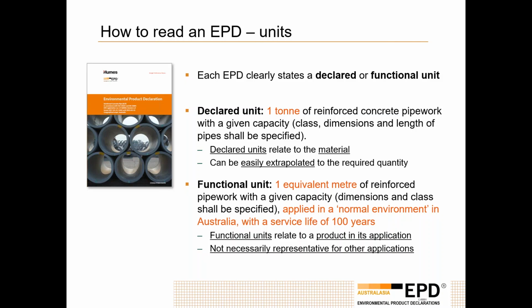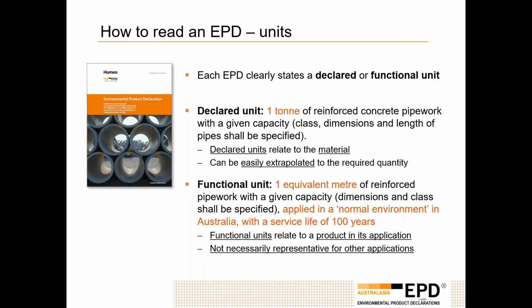As long as the environmental impacts are quite similar per ton, then you can cover a large range of different products. The benefit of that is that it can be easily extrapolated to the required quantity. So if you know that you need 100 meters of pipe with 900 mil diameter and class 3, then you only need a conversion factor to work out how much material is required, how many tons.